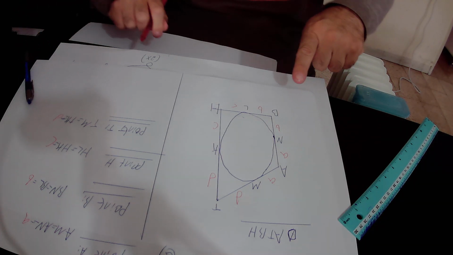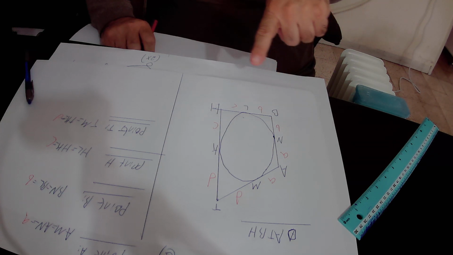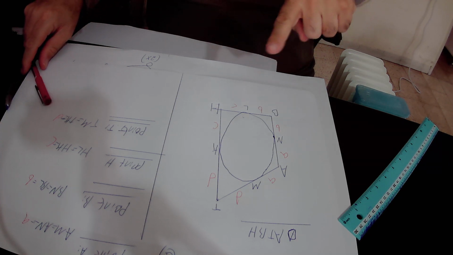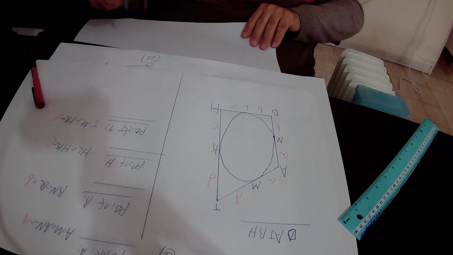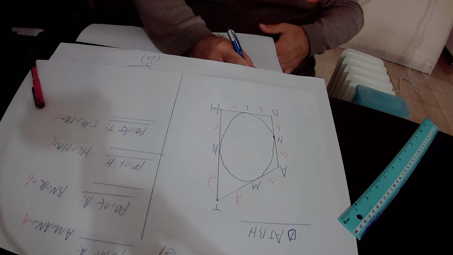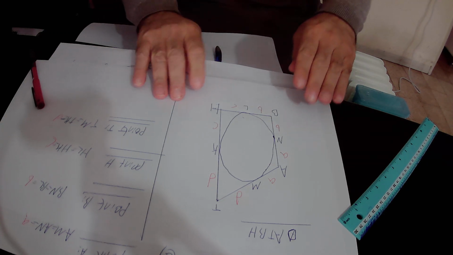So in the next step, we will add side AT to the opposite side, side BH, in quadrangle ATBH: AT plus BH. What is the length of side AT?